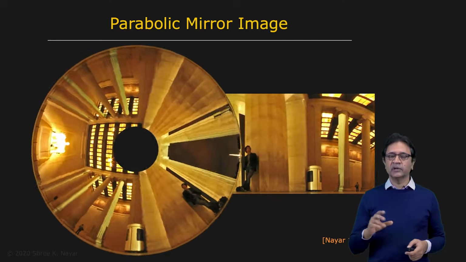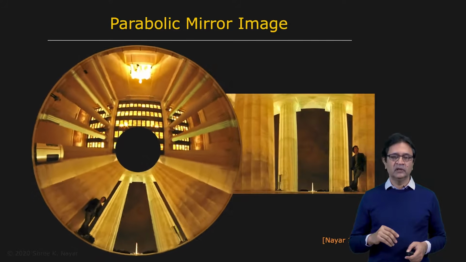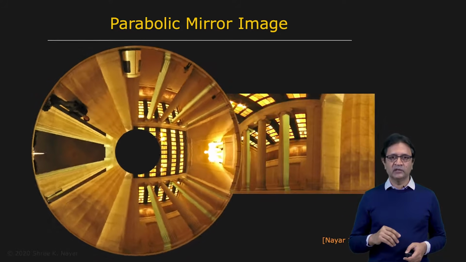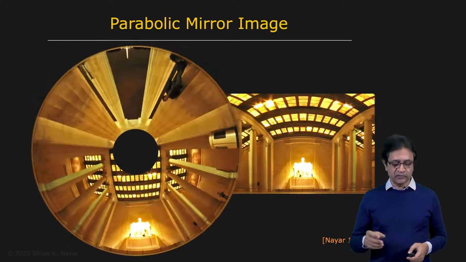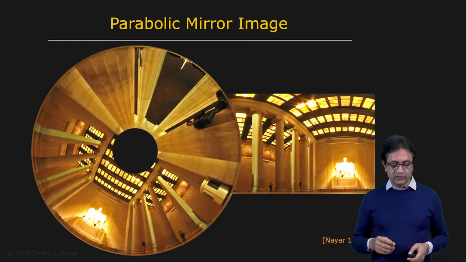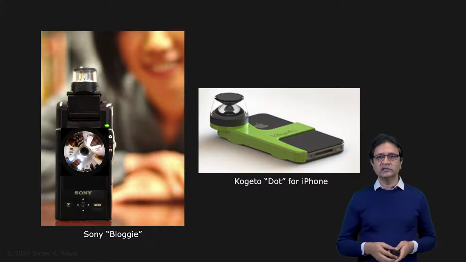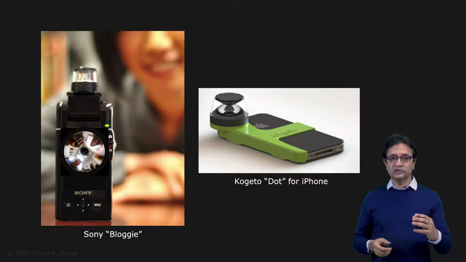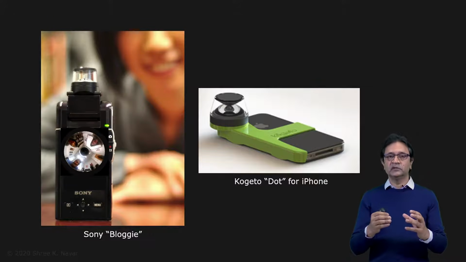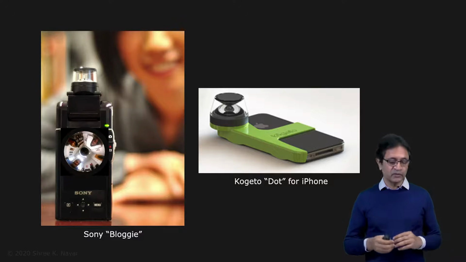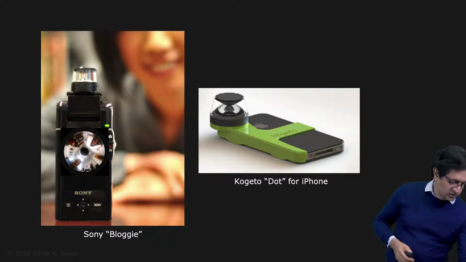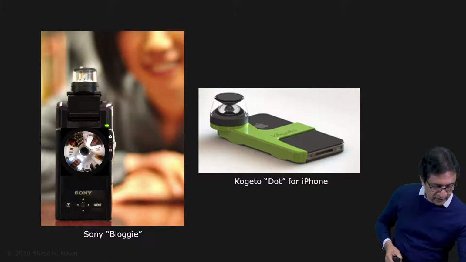So for certain domains, wide-angle imaging, panoramic imaging is very, very useful and has become very popular. In fact, today you can find various devices that have attachments that convert the camera of the device into a panoramic camera that uses mirrors. So here is Sony's Bloggie on the left here.